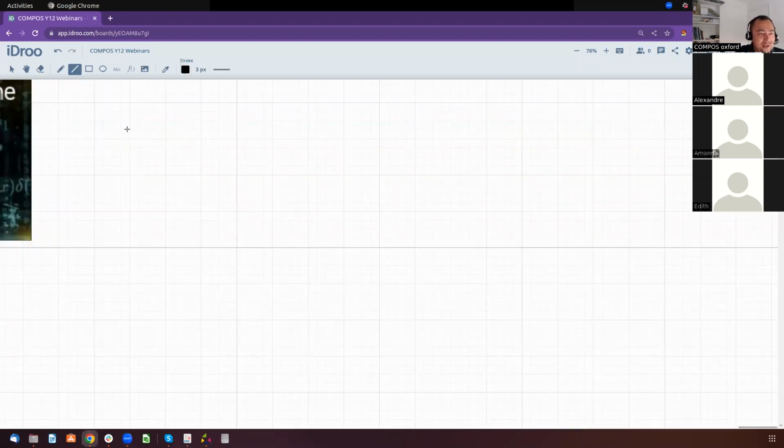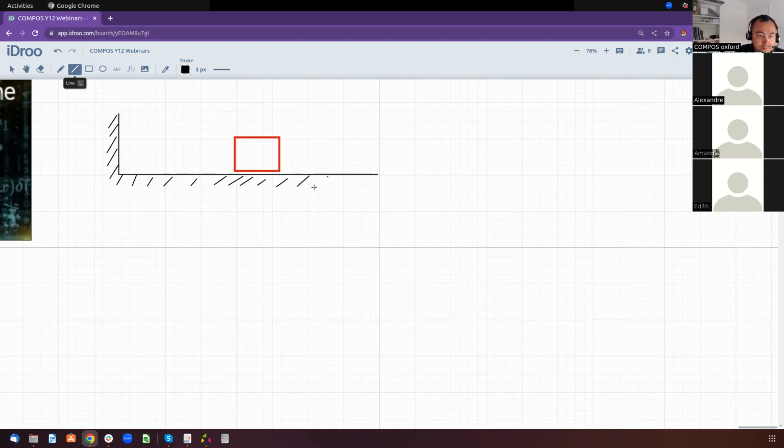If you have a mass on a spring, with spring constant k, and you pull the mass to the right, this is the equilibrium position, the zero position.